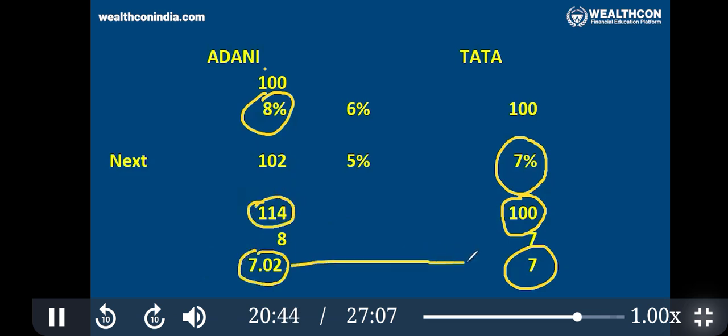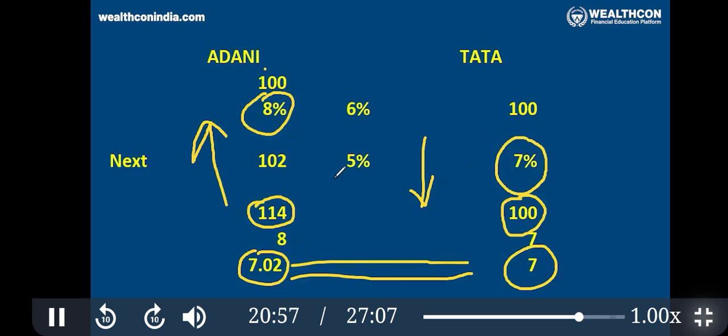So now the return has equalized. You can see that when the market interest rate goes down, the bond price goes up. Exactly the opposite happens when the interest rate goes up.